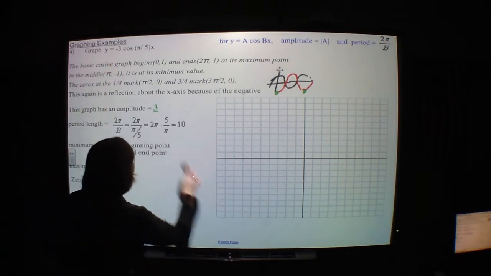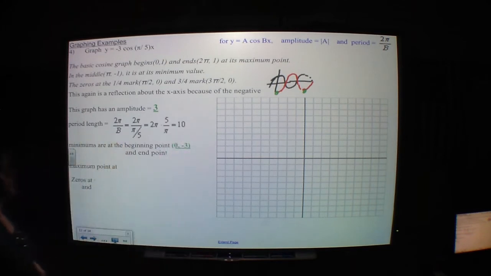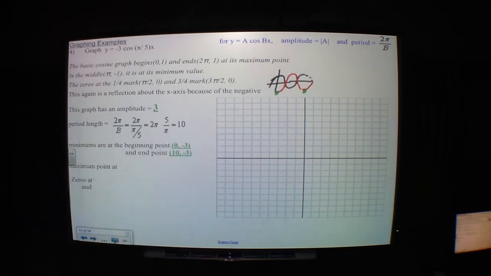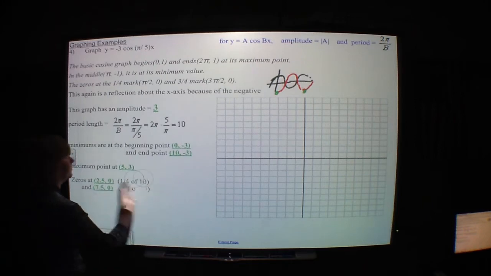So the minimums are at (0, -3) and at the end of my period, 10, (10, -3). The maximum point is halfway through the period, so 1/2 of 10 gives me 5, so at (5, 3) is my maximum. The zeros are 1/4 of the way through and 3/4 of the way through. So 1/4 of 10 and 3/4 of 10 give me 2.5 and 7.5.